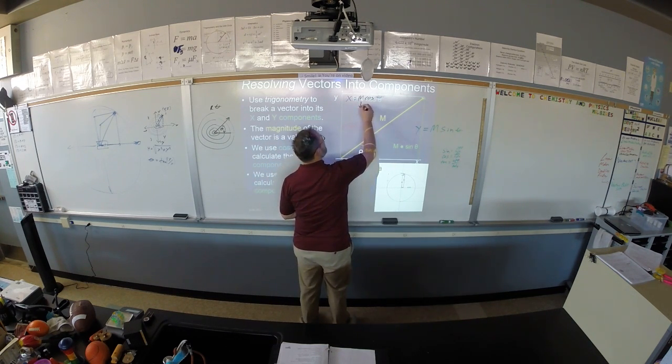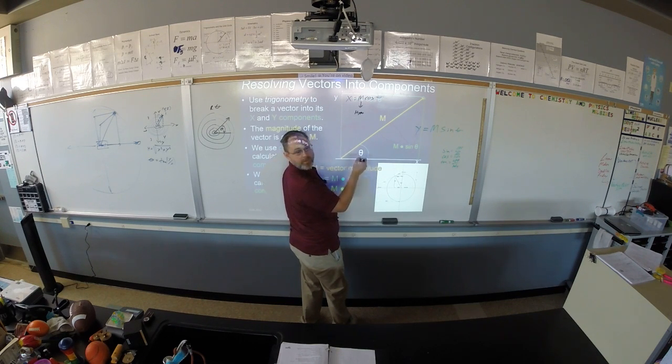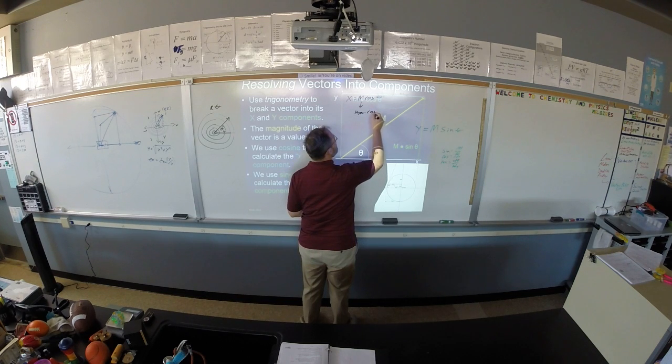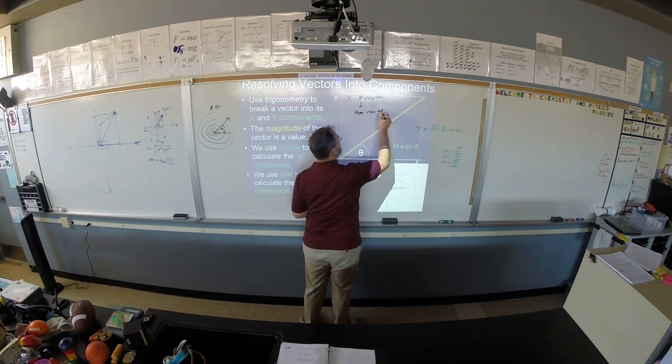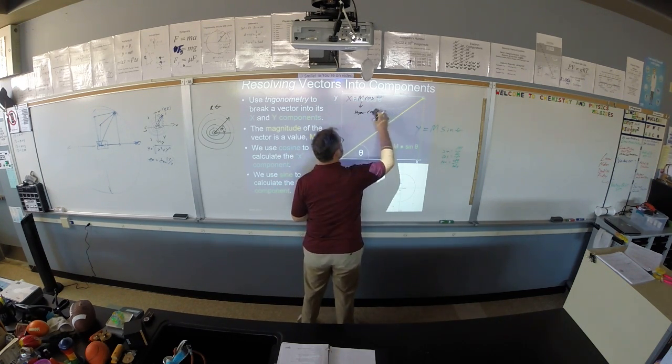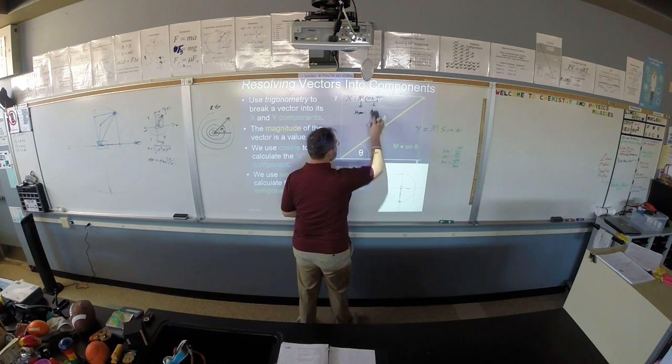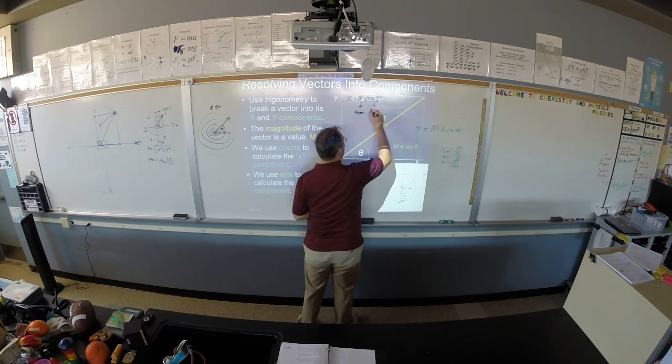M is the hypotenuse of the right triangle, right? Okay. Cosine of theta is adjacent over hypotenuse.